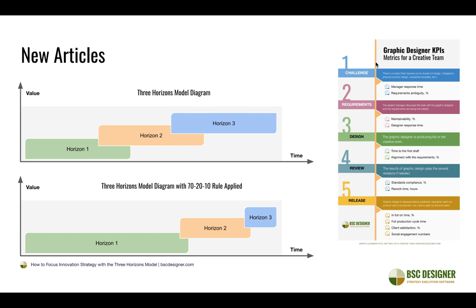And we also have the article for graphic designer KPIs, where we discuss the approach to quantifying and measuring the process in this case. Again, you will see some infographic and some examples. So have a look at these articles.